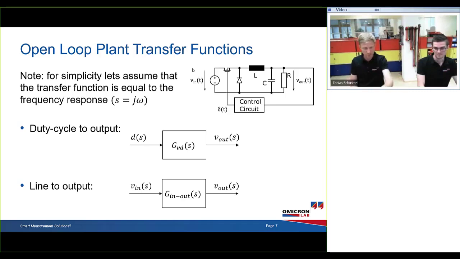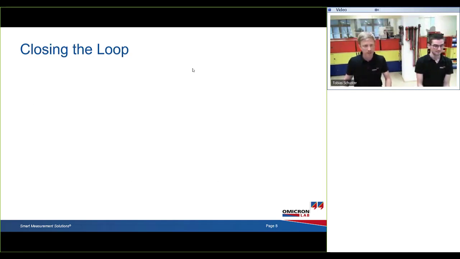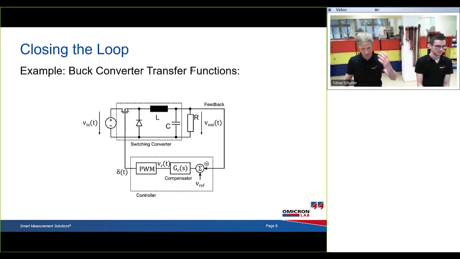Okay, so those are the open loop transfer functions. That's a duty cycle to output and line to output with no control system drawn, so the picture is misleading. The control circuit is not yet connected to the plant. We have the duty cycle to output and the line to output transfer function. So let's now close the loop. So here now the closed loop system is correct.